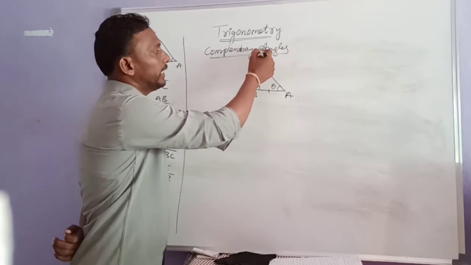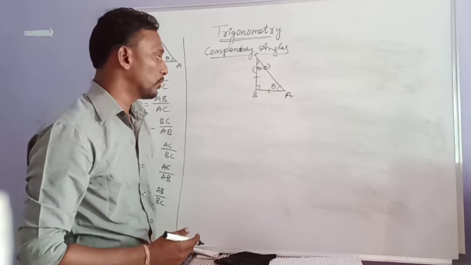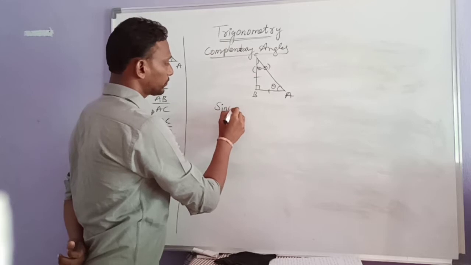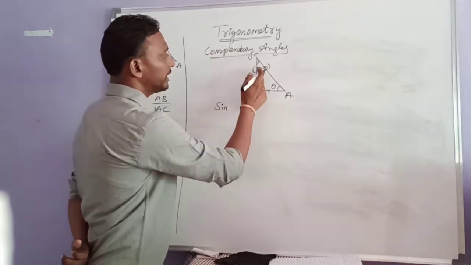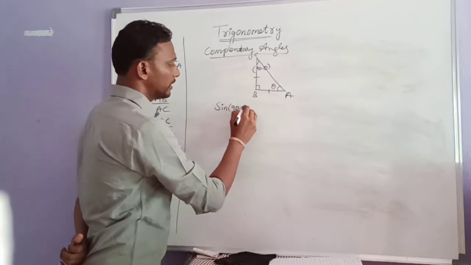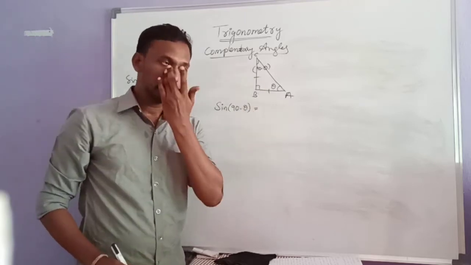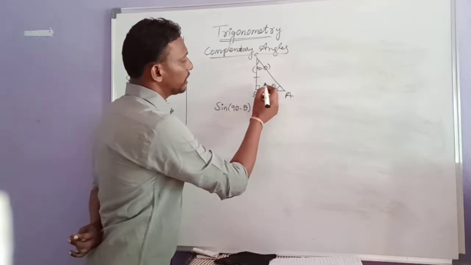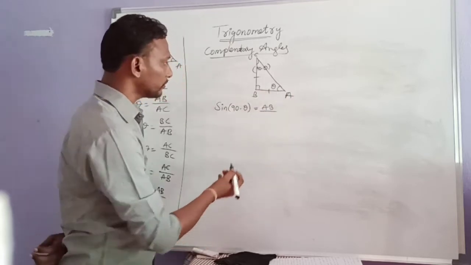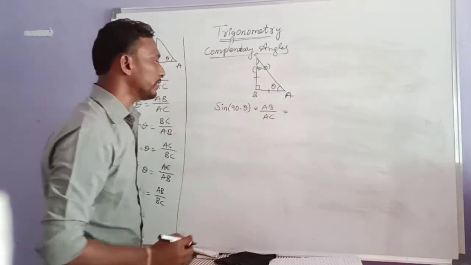Now we are considering the angle at C, and according to that angle we take the ratios again, right? Now see, what will happen to sin of 90 minus theta? We know that sin is opposite side by hypotenuse. The opposite side now is AB, by hypotenuse AC, the same triangle.